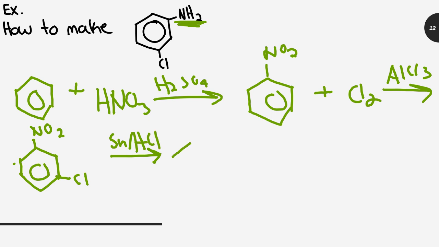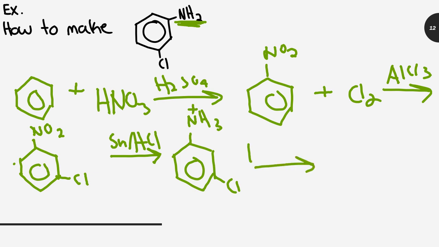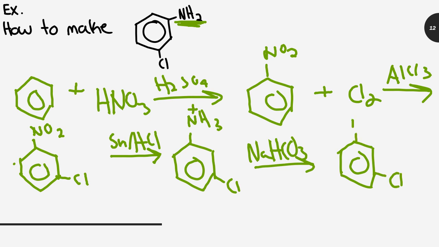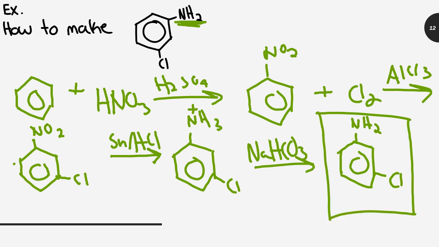But remember that gets me to NH3 plus. So now I need to react with a basic salt to then get it to NH2. And that gets me to the product I want. Make sense? Yes, no?